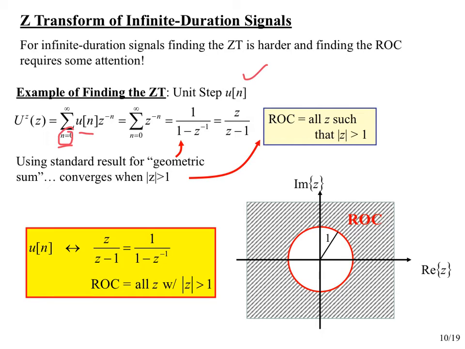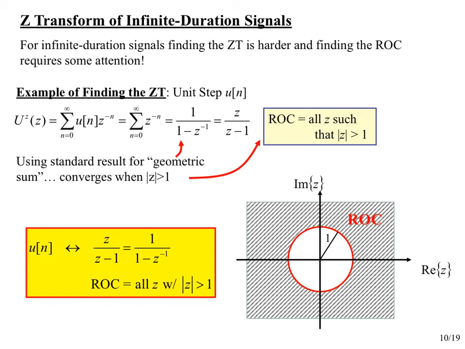Furthermore, once we've substituted in u of n there, and we've truncated the summation just for n equals 0 and higher, we can then substitute in 1 for the unit step. So we end up with, you can imagine, instead of having the u of n there, we've got a 1 there, since over this range, that's what the value of that thing takes on. So let me get rid of this here.